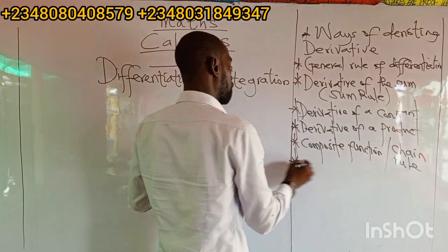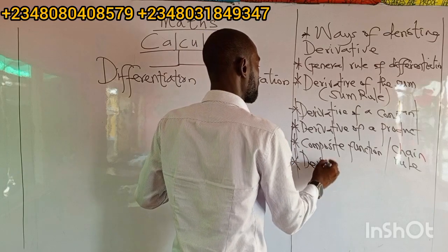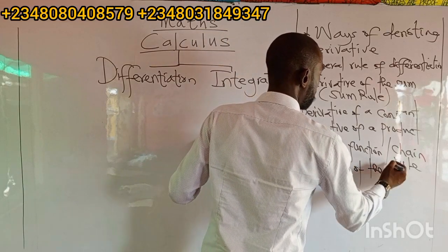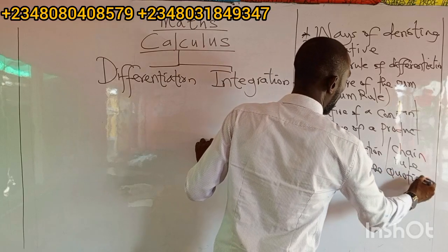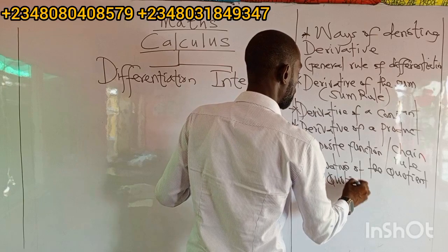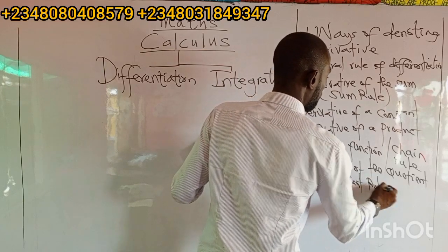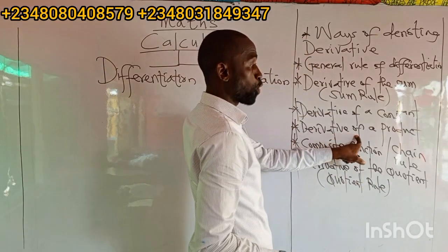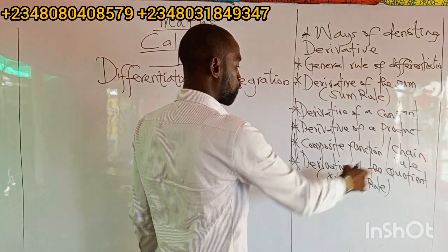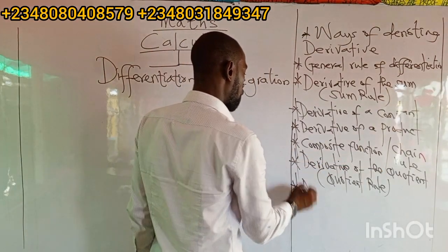Then we look at the derivative of the quotient, that we call the quotient rule. Now, the earlier one can be called the product rule. After the derivative of the quotient, we'll look at the derivative of the trigonometric functions.